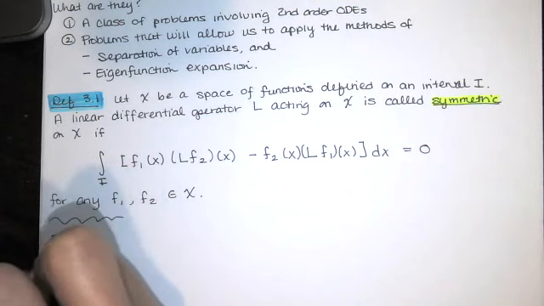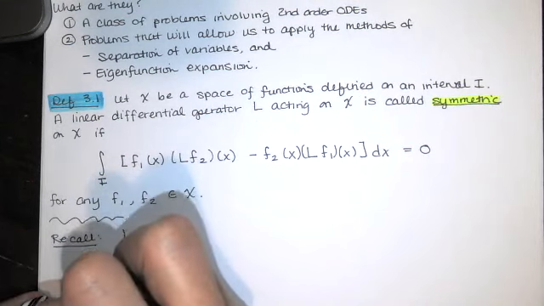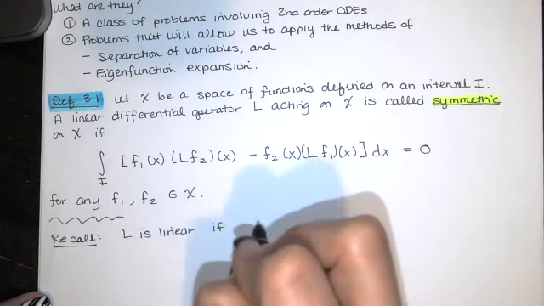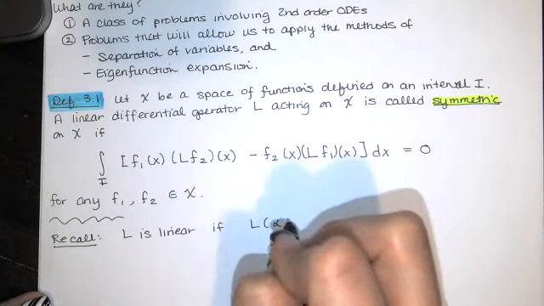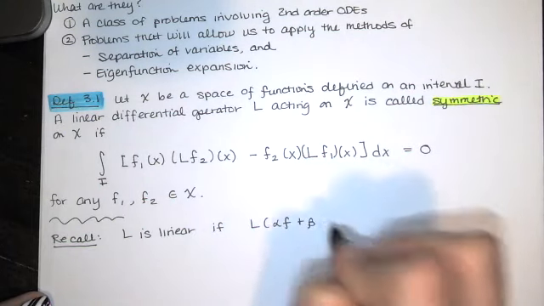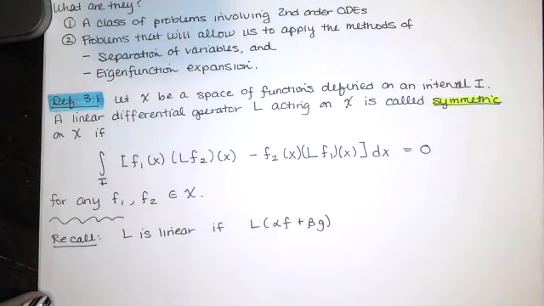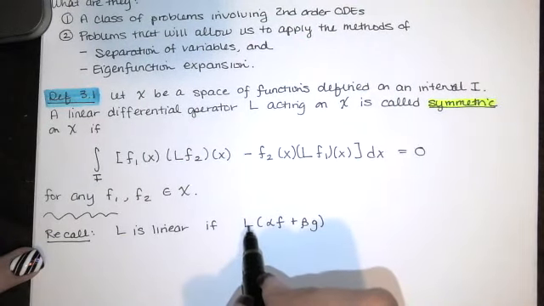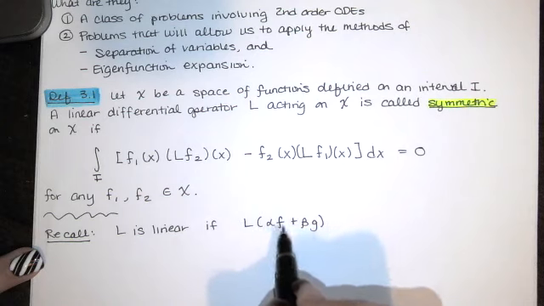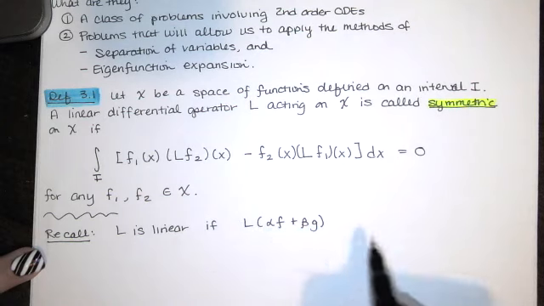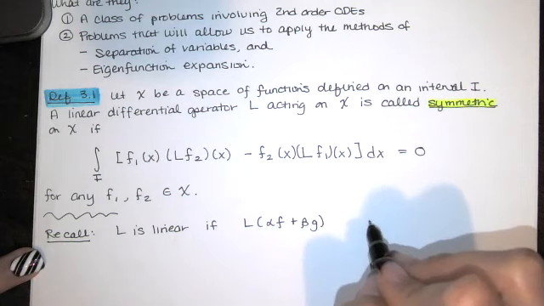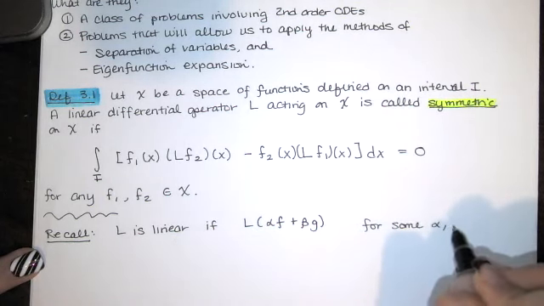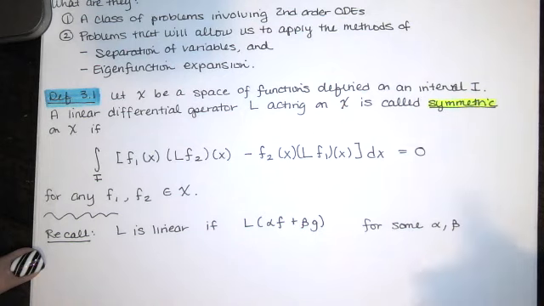We say that an operator L is linear if you take that operator and you apply it to some linear combination of functions. I know I'm using linear in two ways, but we're saying we're taking this operator and applying it to a constant times f plus a constant times g, for some constants alpha and beta, and those could be real numbers, they could be complex numbers.